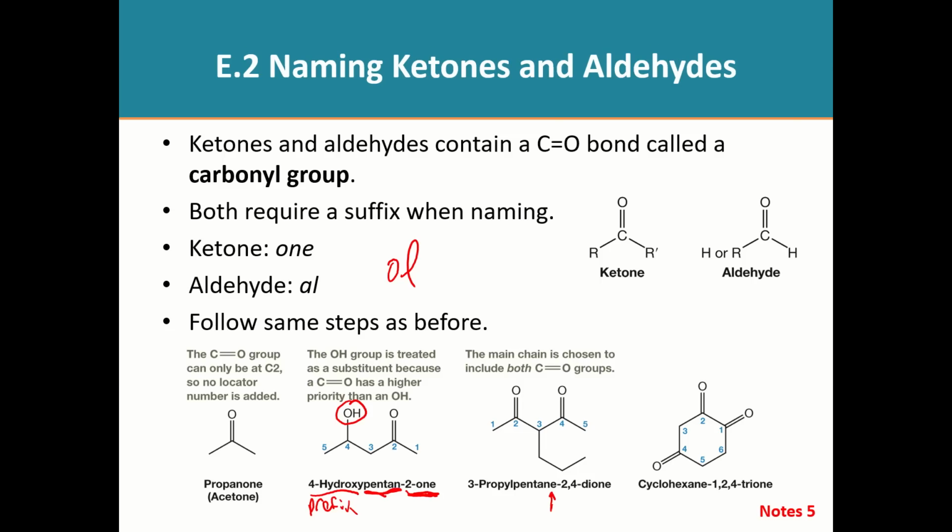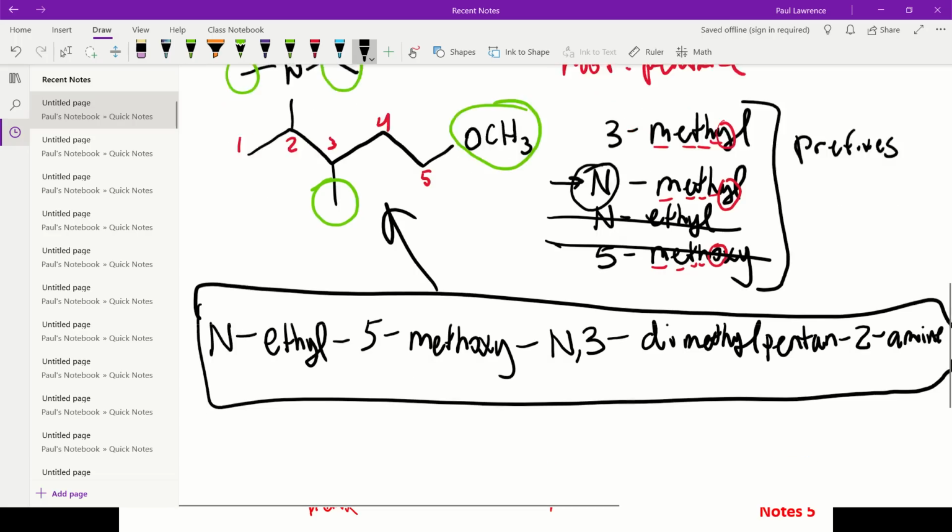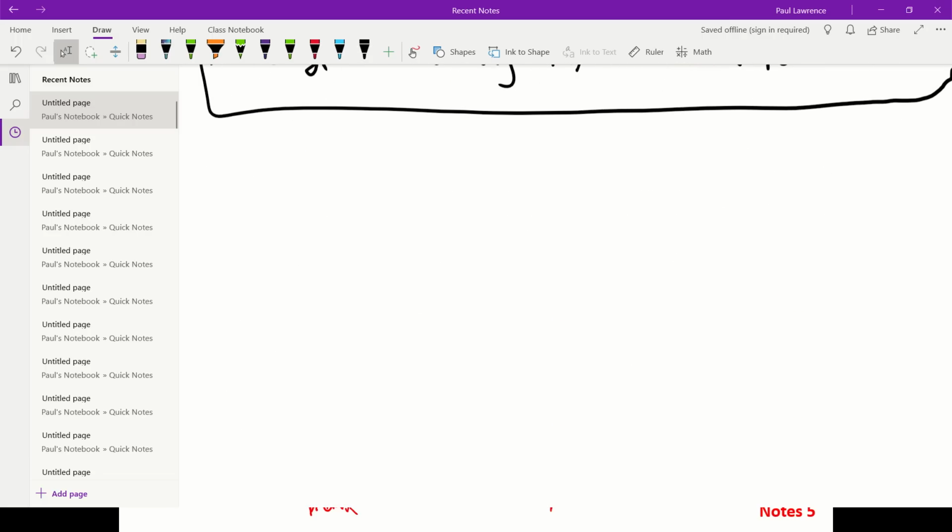Now let's take this molecule, the first one that we named on that slide. We already named that molecule. What if I changed it to an aldehyde? So what's the highest priority functional group between the alcohol and the aldehyde?